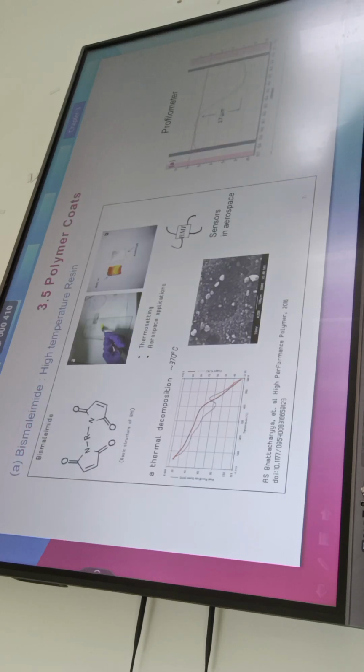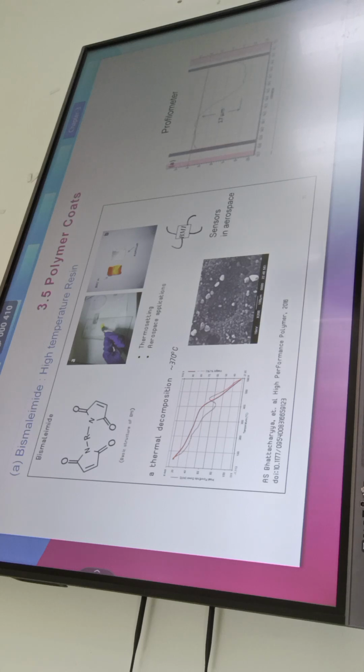So for the polymer coating, that is for the high temperature resins, we have studied the material, because high temperature resins show high resistance to general solvents.